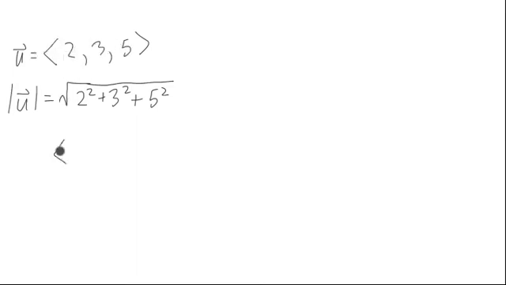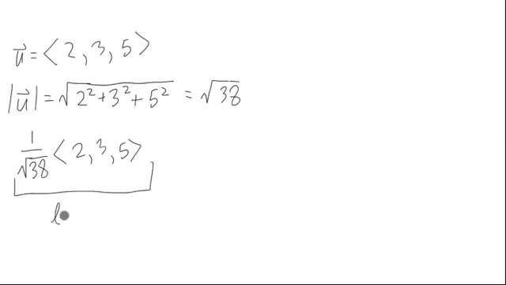In fact, if you rescale it by the reciprocal of its length, which is 4 plus 9, which is 13, plus 25, which is 38, so 1 over the square root of 38, this vector will actually have a length of 1. So it'll be a unit vector.